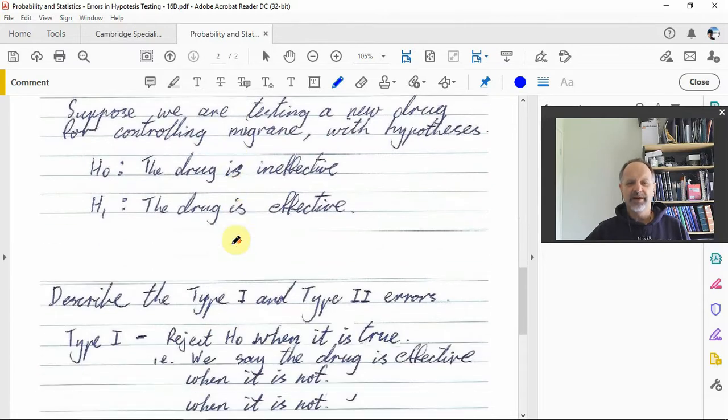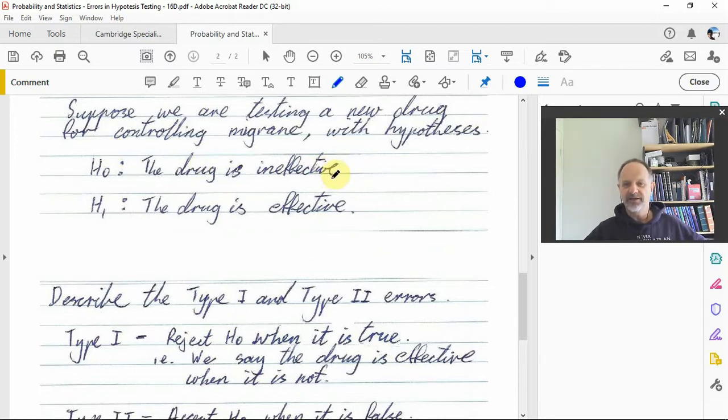So the null is that the drug is ineffective, and we reject that. So we say that the drug is effective, when in actual case, it's not.